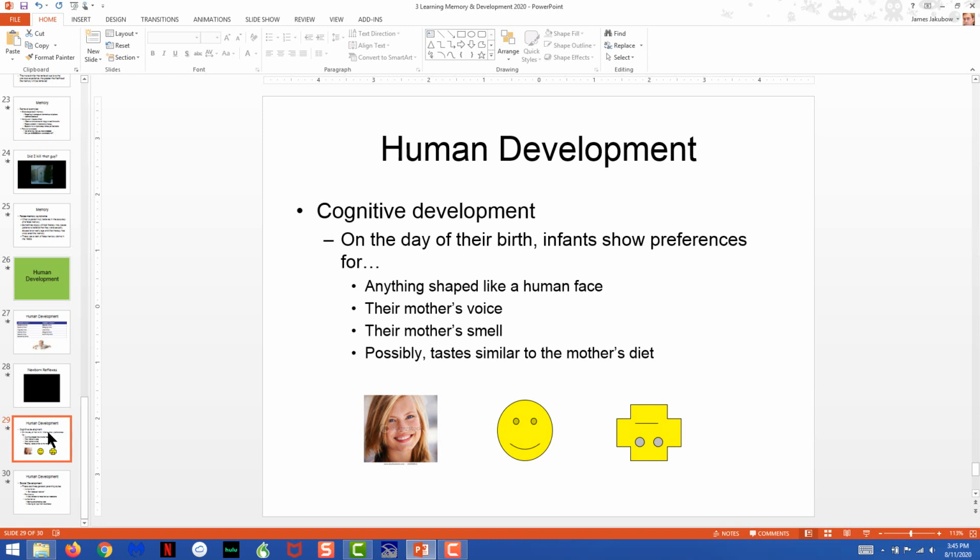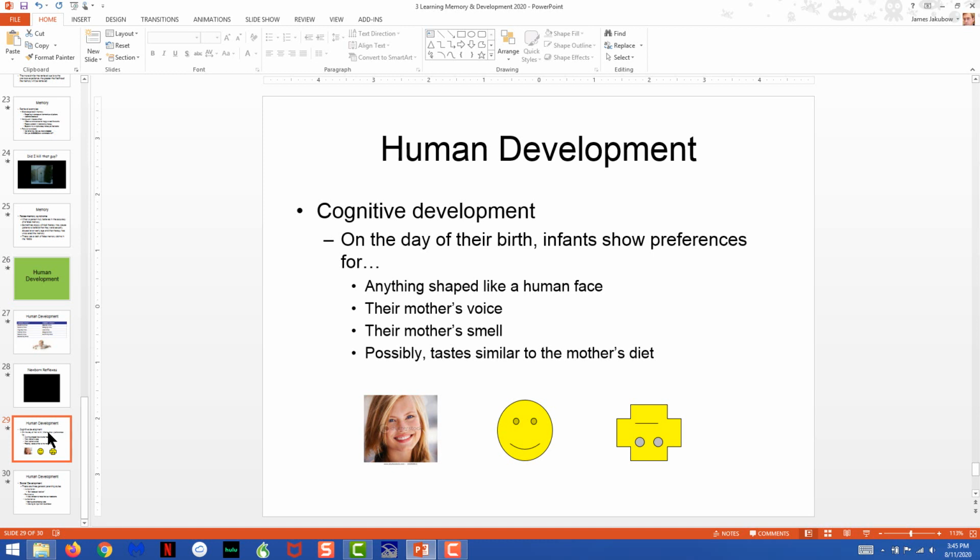Now, in terms of cognitive development for infants, there are a variety of things that infants will recognize that you may not be immediately aware of. One, infants will look at a human face more than anything else that they'll look at, even on the day that they're born.